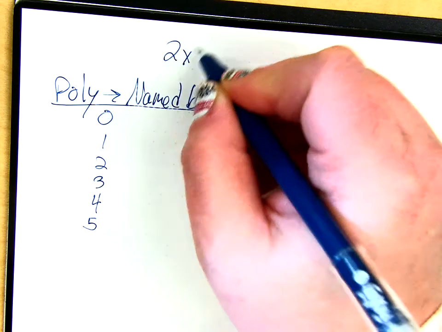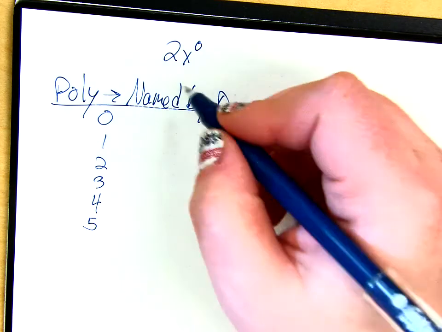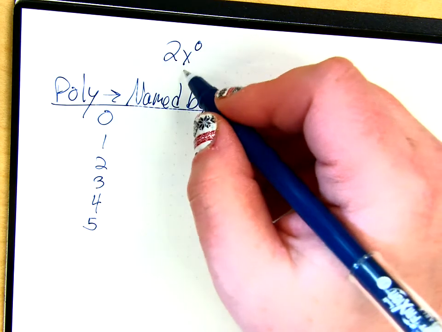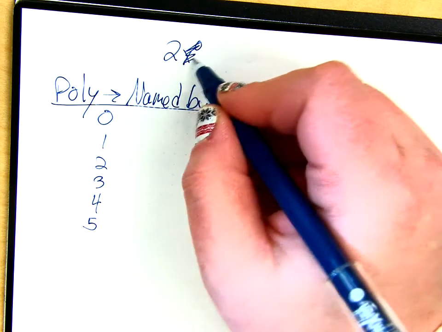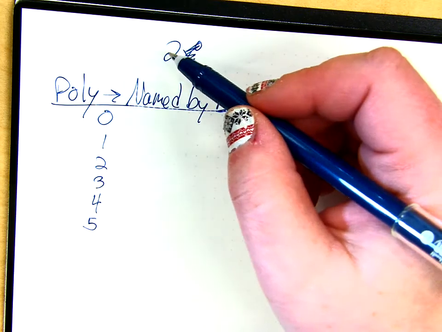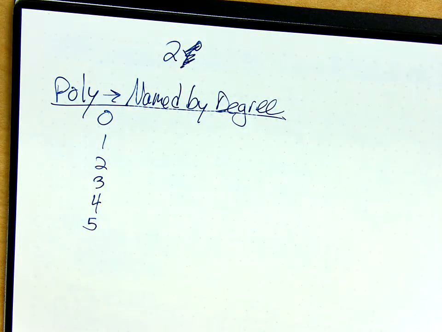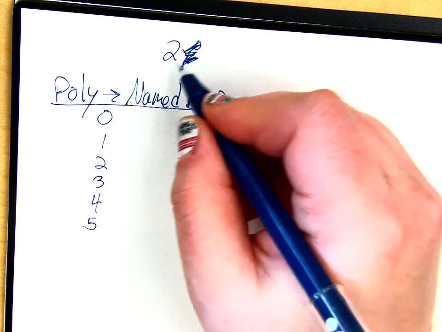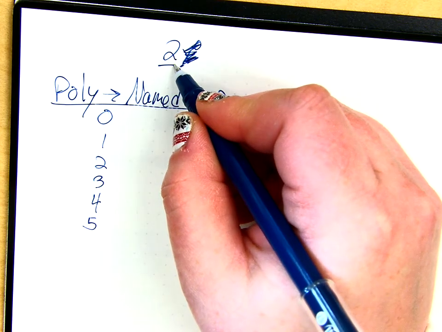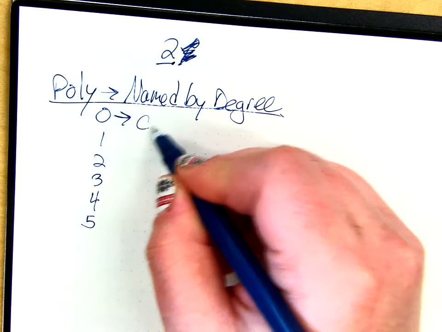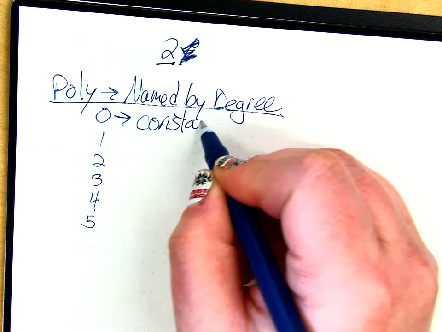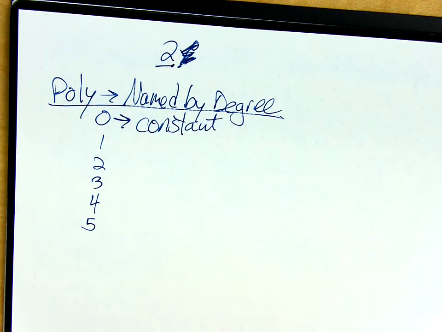If I had 2x to the 0 power, doesn't the x just go away? Yes, and that's why it's a constant, because there is no variable. Remember, the word variable means varies. It can change. But if I don't have a variable at all, it's not changing, it's constant.